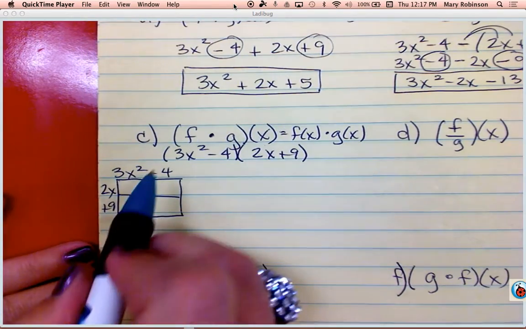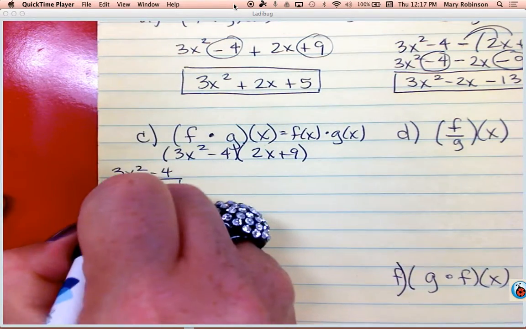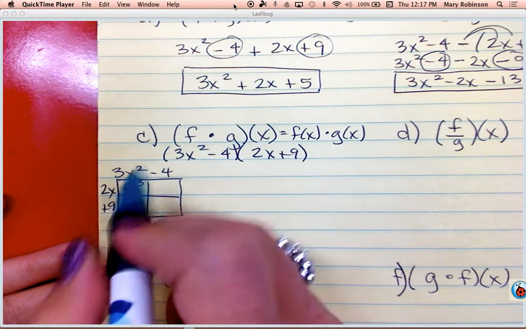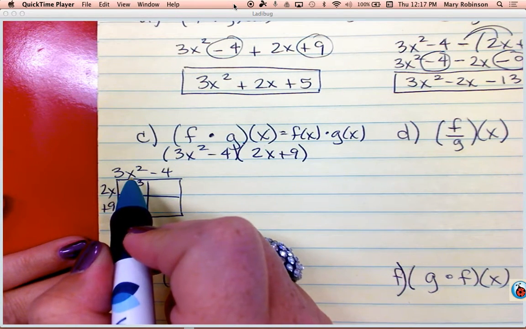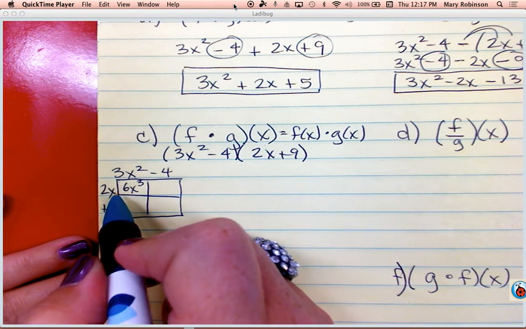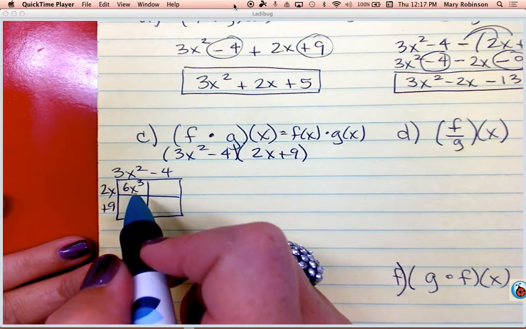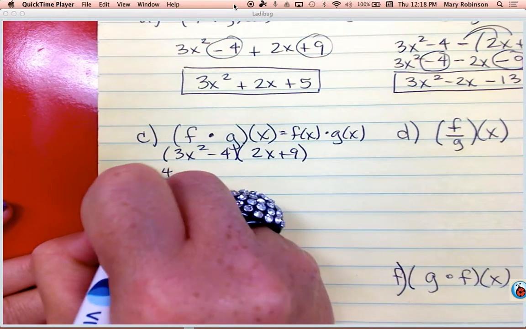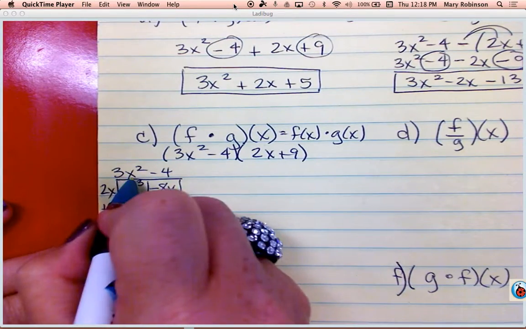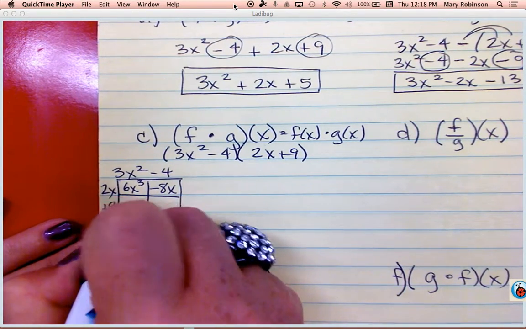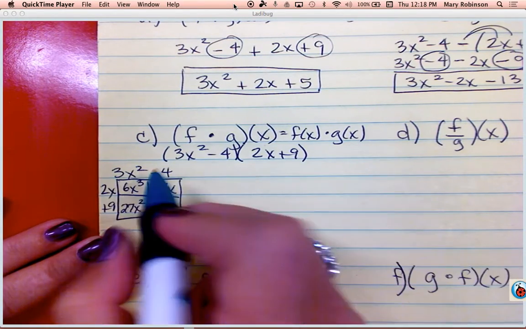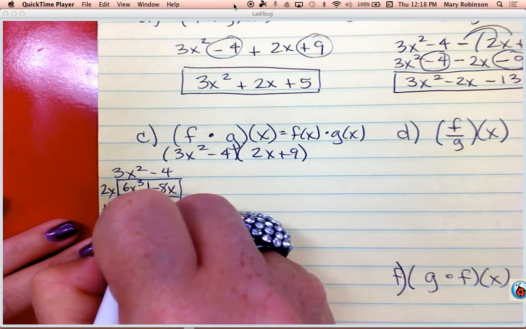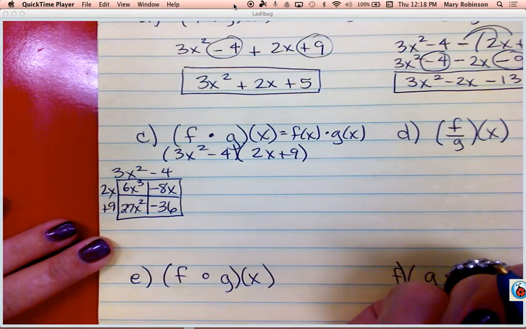So with my box method, 3x squared times 2x is 6x cubed. Please remember that this is 2x, x times x, and an x. So you're multiplying a total of 3 x's. So that's why it's x cubed. Negative 4 times 2x is negative 8x. 3x squared times 9 is 27x squared. Negative 4 times 9 is negative 36.